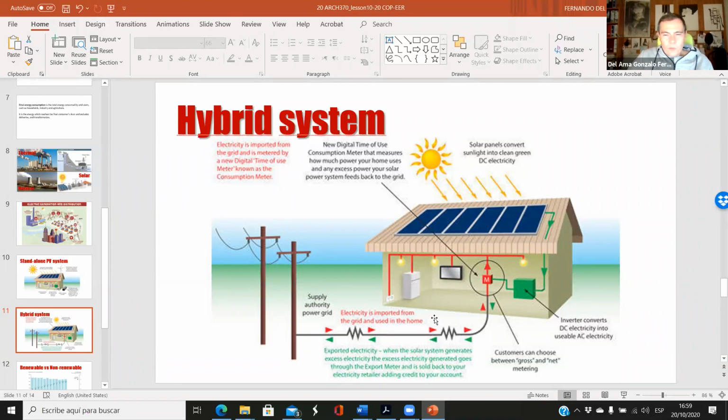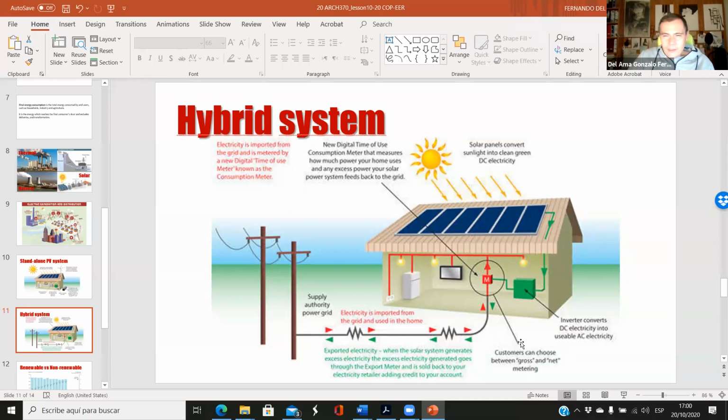If this were a perfect world, that would be the perfect system, because if I'm living in my house in the evening and working in the morning, in the morning I'm generating a lot of electricity and I'm not using it because I'm not there. But what if I can supply this electricity to the grid and then take the same amount in the evening because I'm living there?